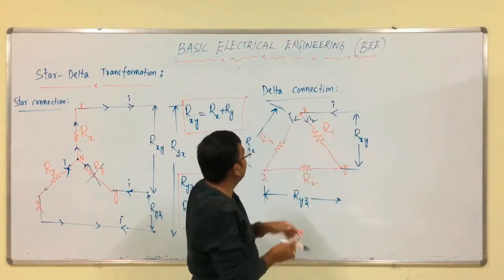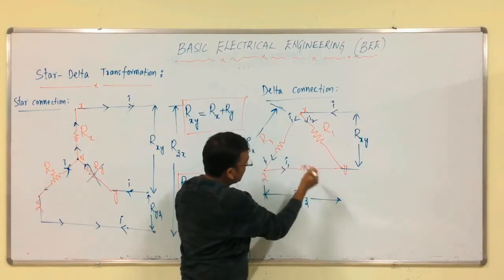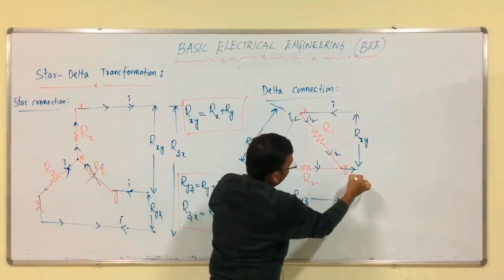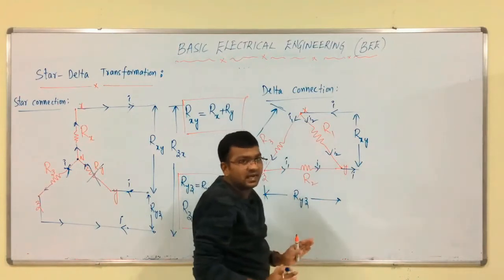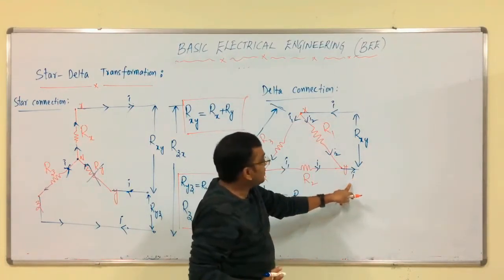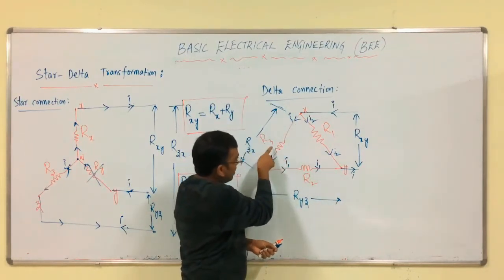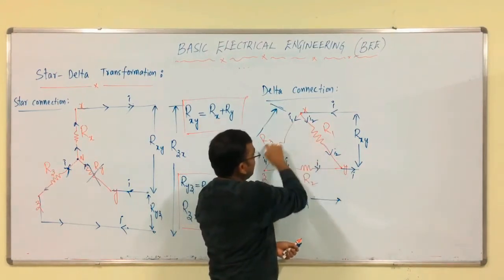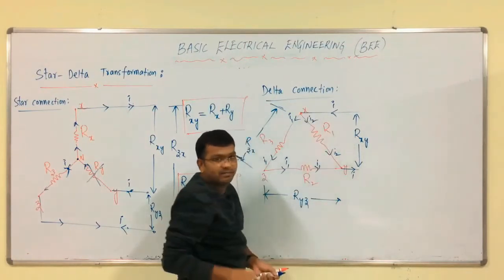So, I1 and I2, where I1 plus I2 equals I, KCL satisfied. Entering current is equal to I, leaving current is equal to I. From this observation, the same amount of current flows through R3 and R2, so these two are in series, and this combination is connected in parallel with R1, clear.